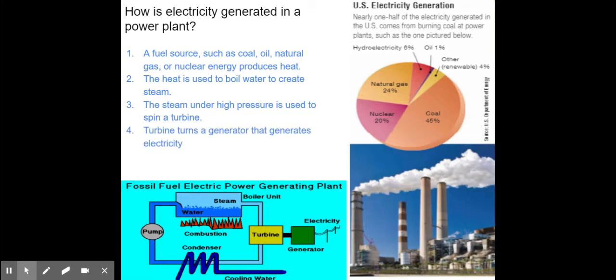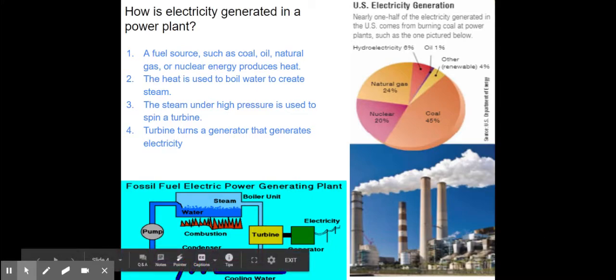The turbine turns a generator that generates electricity. So here's a picture of it here. It has the pump, it has combustion going on, the water's turning to steam, the steam turns a turbine, the turbine turns a generator, the generator produces electricity and it passes it through the wires.